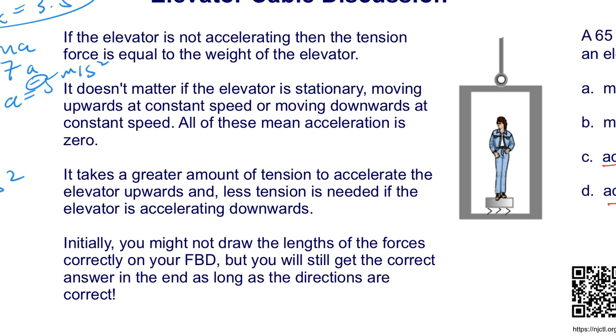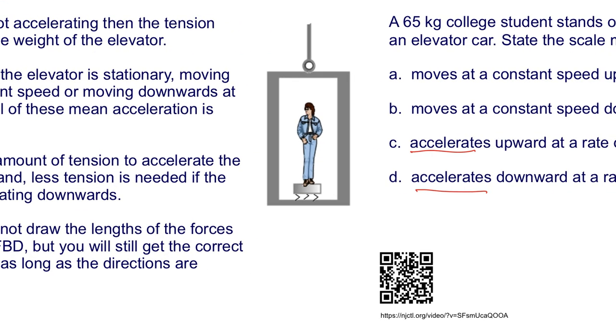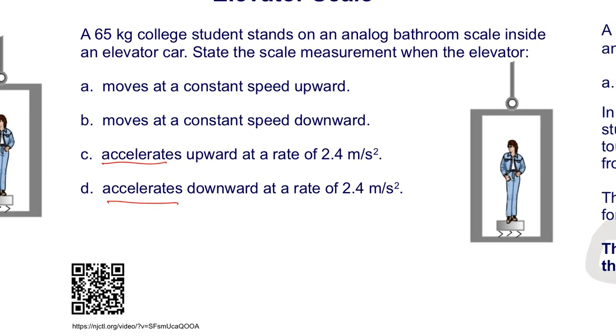Okay, these are reviews again of the elevator problems, and it's important you can do these. I don't know why I'm doing it now, maybe as a review. So there's her mass. Now scale measurement is always going to be the normal force.